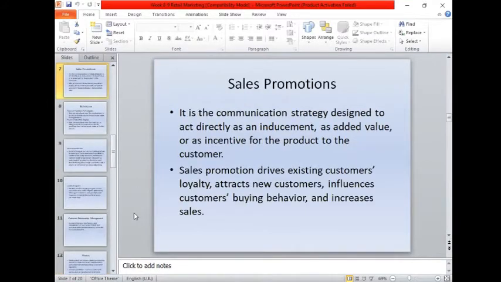Another form of retail advertising is sales promotion.